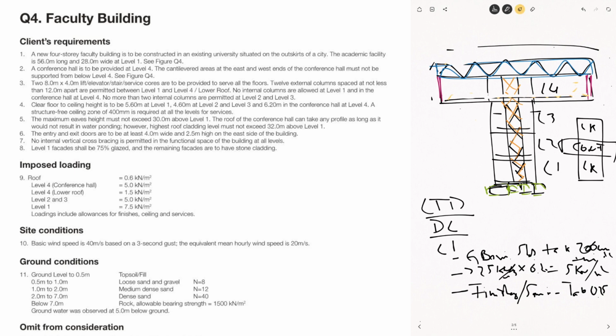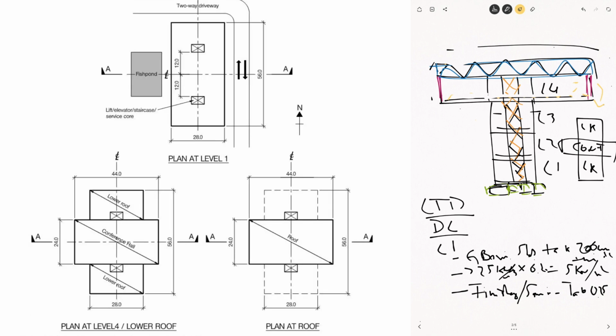So the lower roof, if we go to the plan view, and let's see if I can show the actual drawings from the question. Then you got the lower roof in this area, what was the value? 1.5.